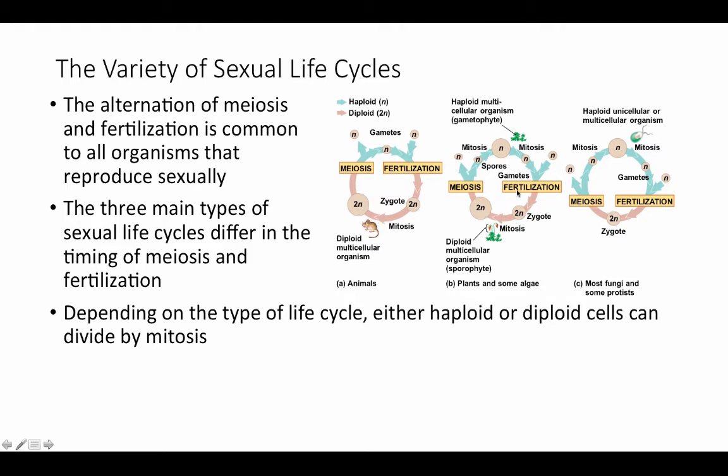In another kind of life cycle that's common in plants, both the haploid and the diploid phases result in multicellular organisms. So there's mitosis after fertilization to produce the adult plant. Meiosis occurs. Some of these cells form gametes. Some of them undergo mitosis in the haploid form to form a multicellular organism that we call a gametophyte.